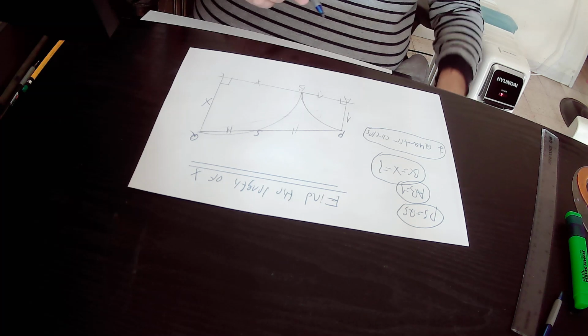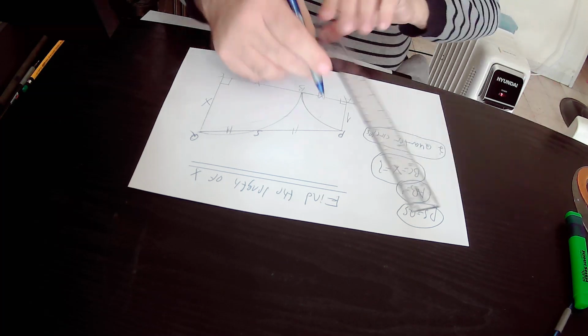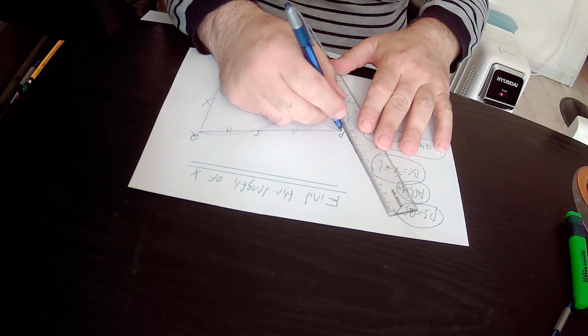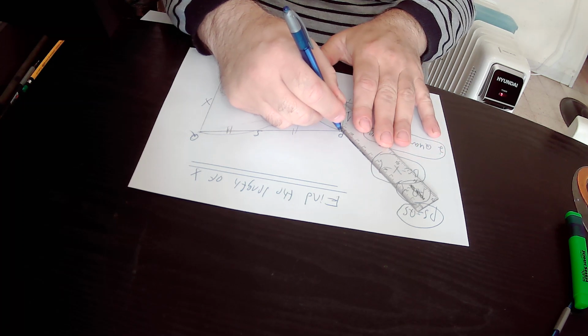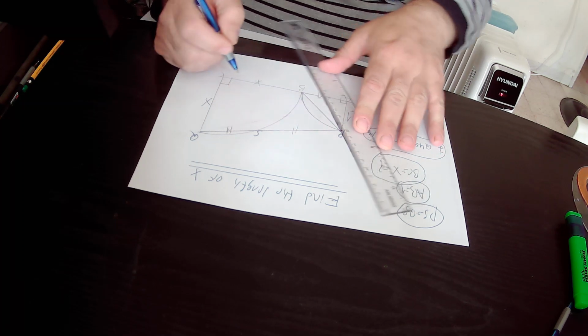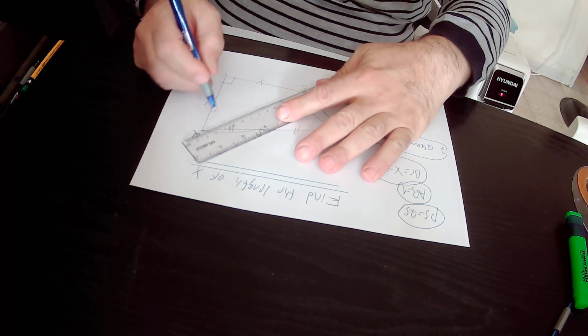In the next step, we will join points P and B together by a straight line, and we'll also join points Q and B together by a straight line.